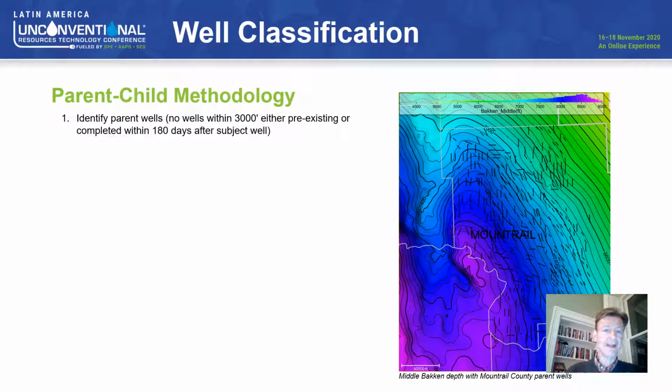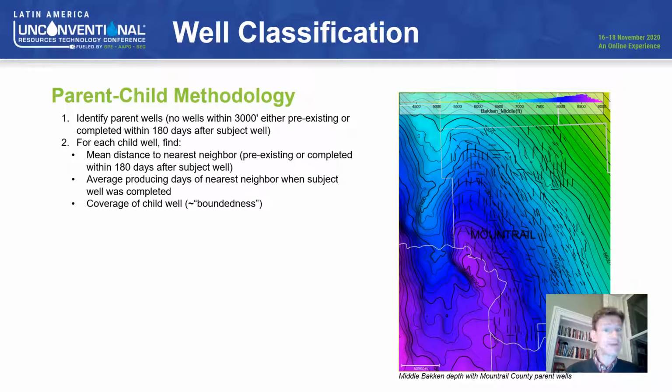I defined parent wells as those wells that within 3,000 feet did not have any other wells that either pre-existed them or came within 180 days of the subject well. Those are parent wells. Every other well then, and again, I was only doing middle Bakken wells, is a child well.